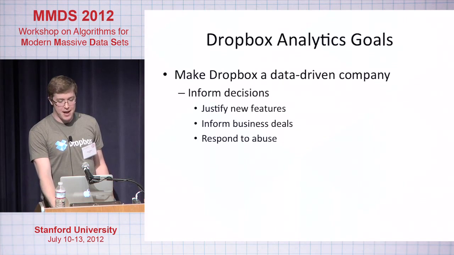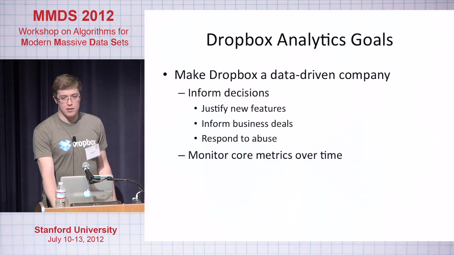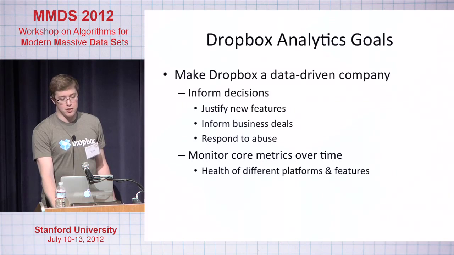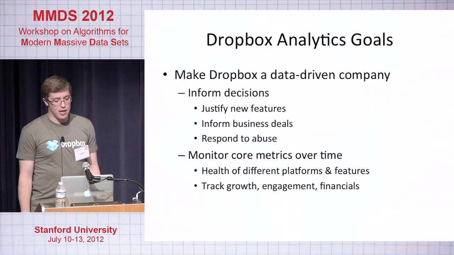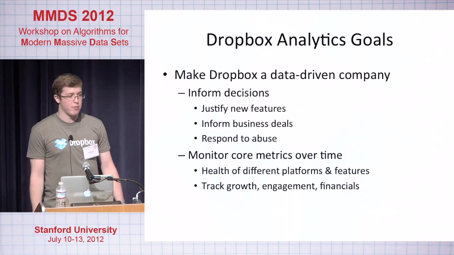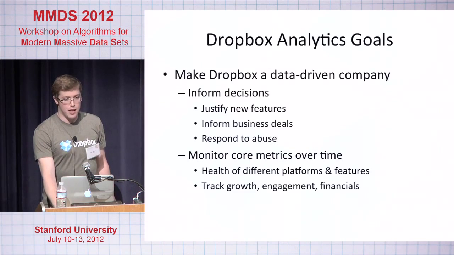The second is monitoring core metrics over time. We want to know basic metrics about the health of our different platforms and our features, and also track some high-level metrics like growth, engagement, and financials, things that we think everybody in the company should care about over time. So these translate pretty well into the day-to-day work that we do.